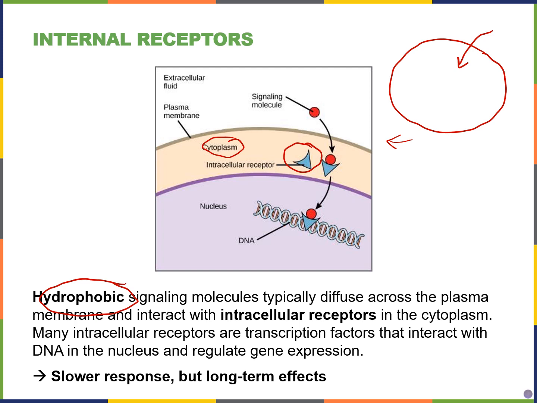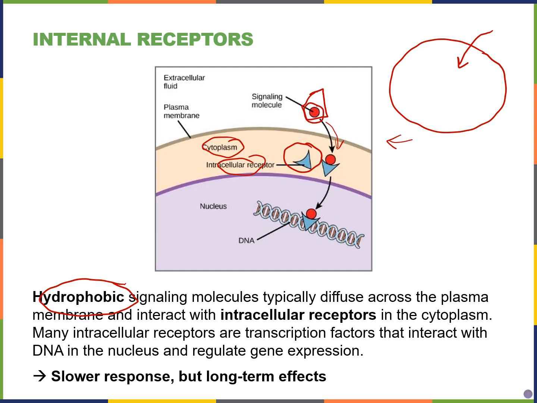In this case, the signaling molecule, if hydrophobic, usually has a carrier protein to transport it through the blood, because the blood is mostly water. Then the carrier protein drops off the hydrophobic signaling molecule, it crosses the cell membrane, and binds to the intracellular receptor.